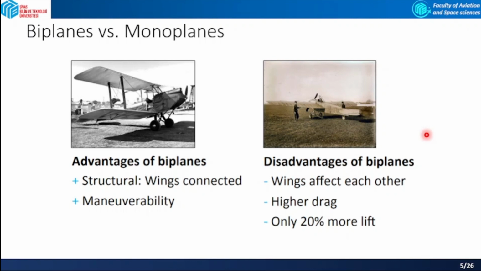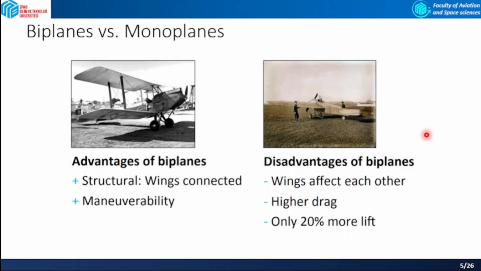So you remember we had this lift force and the coefficient of lift equation. In there you see this area. But doubling this area does not necessarily mean doubling the lift force.